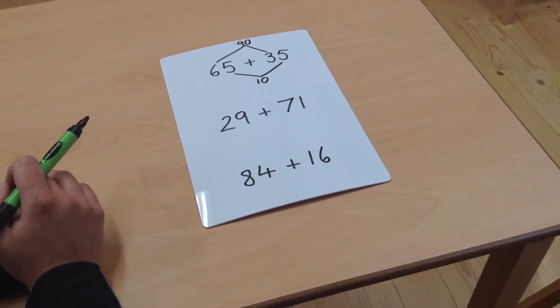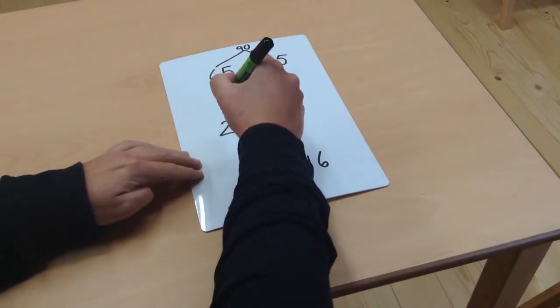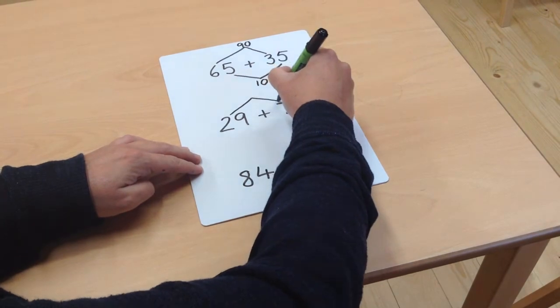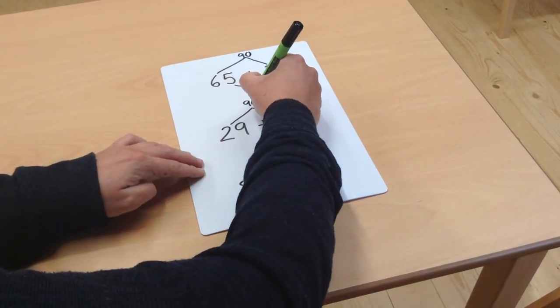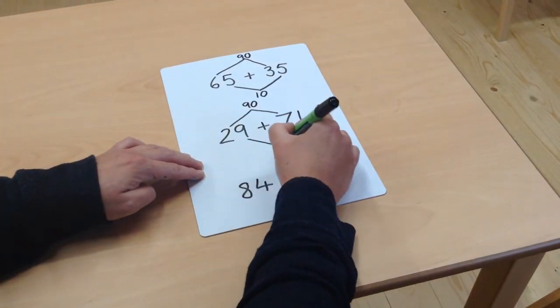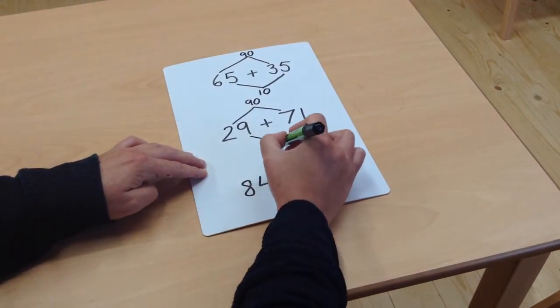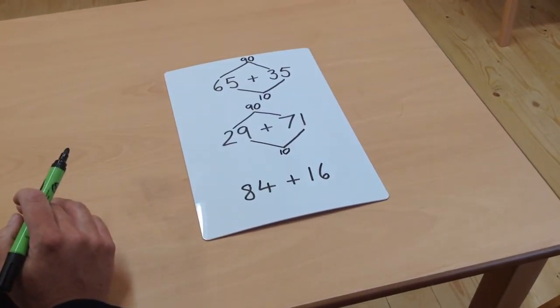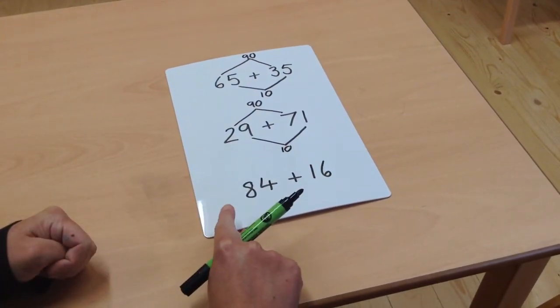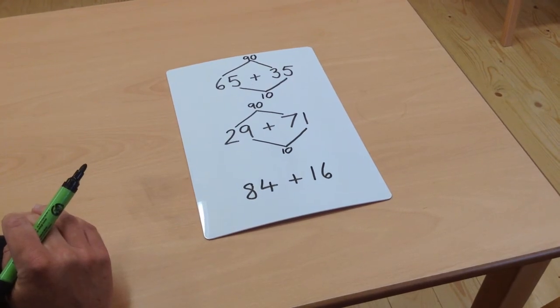Let's check 29 plus 71. I will find the total of my tens. So 2 tens plus 7 tens is 9 tens. And the total of my ones, 9 and 1, again makes 10. 90 plus 10 will total 100. And finally, 84 plus 16.